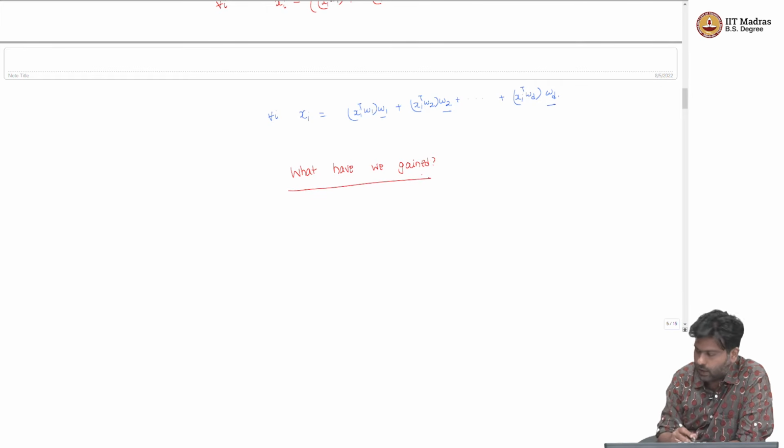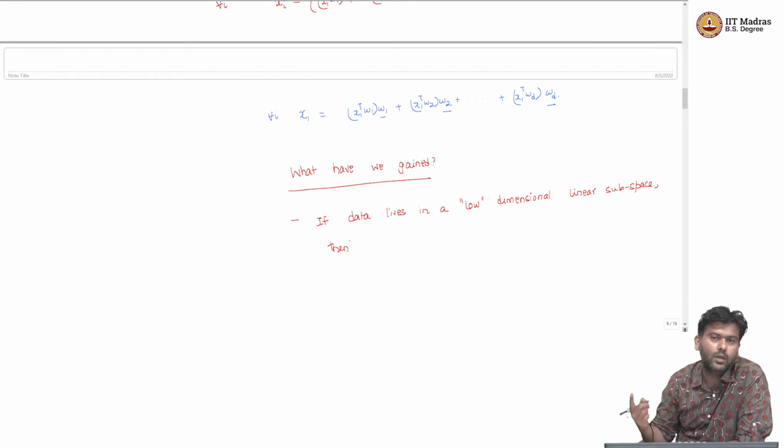Well, the first thing we are gaining is the following, right. If our data lives in a low dimensional linear space or subspace, then we do not have to run d rounds, right.